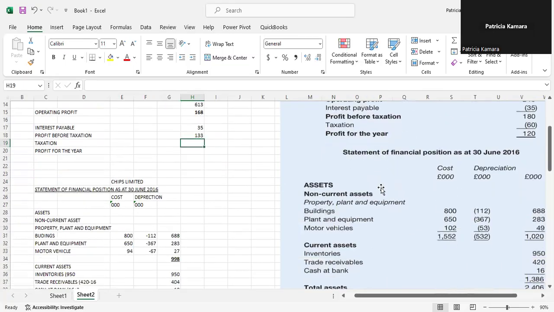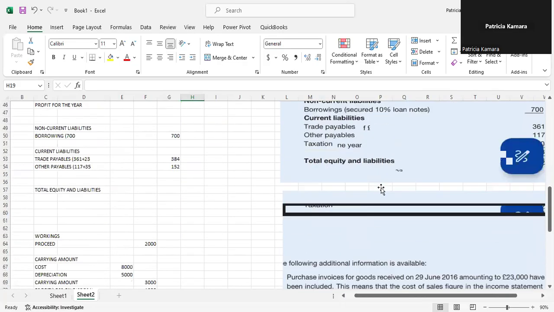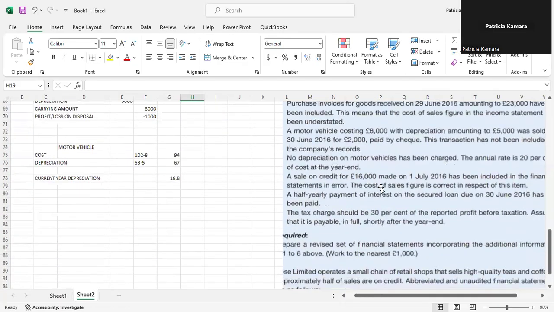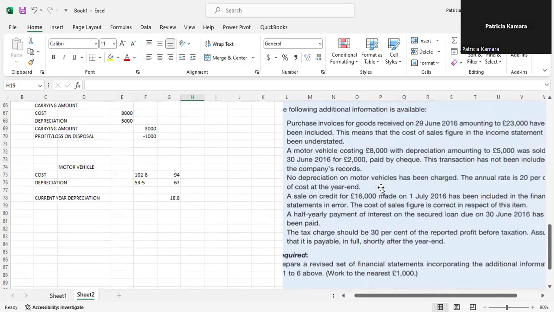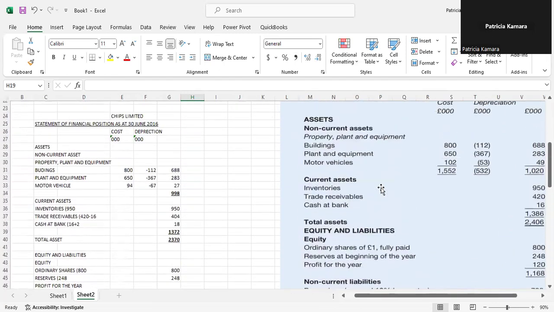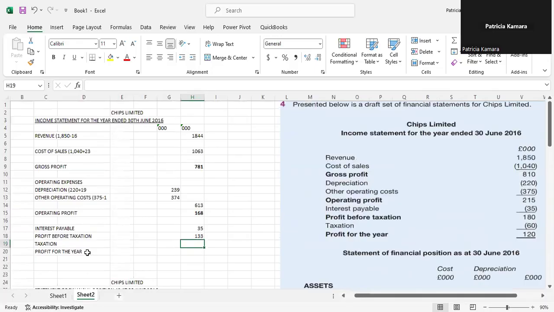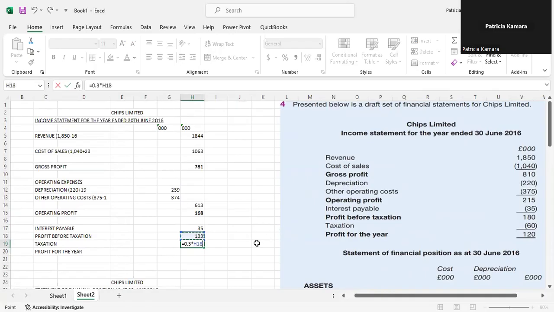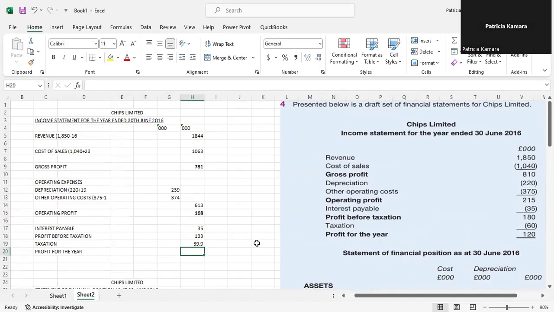We're given an instruction that tax is 30% on profit before taxation. So 30% is the same as 0.3. So 0.3 multiplied by the profit before taxation, giving us 39.